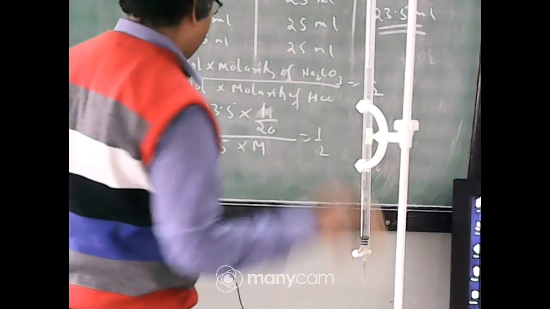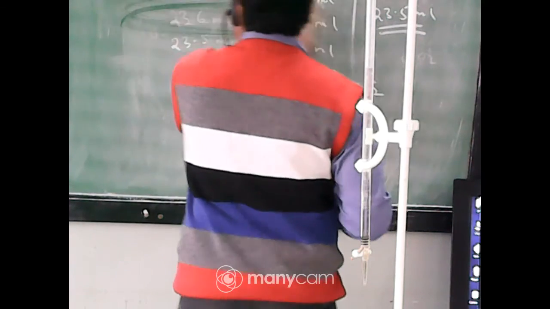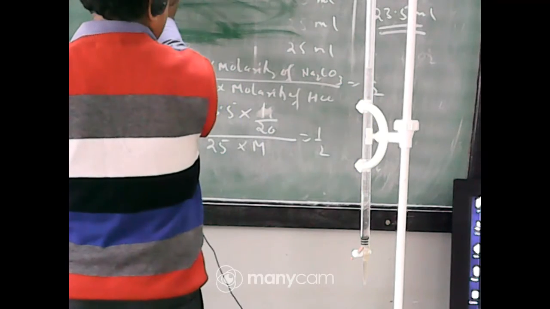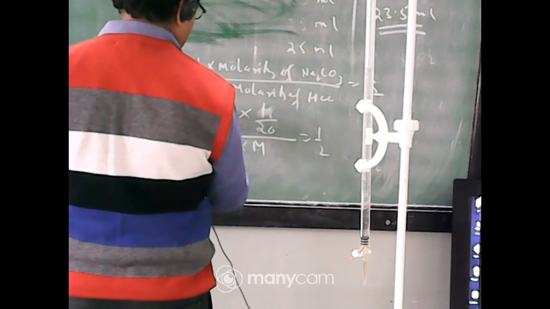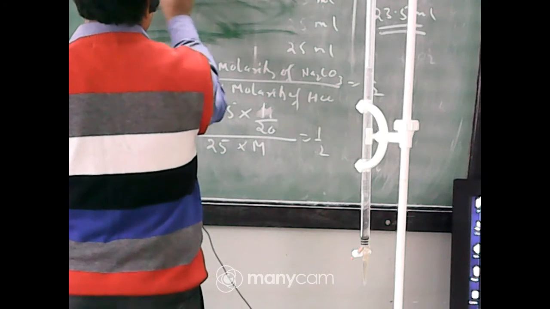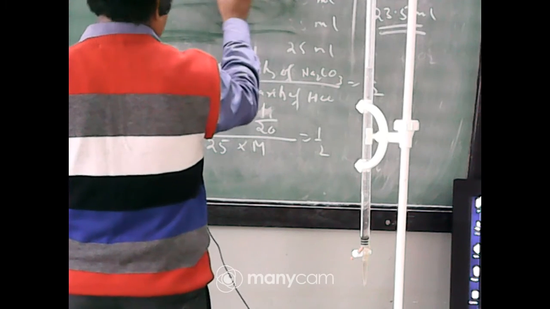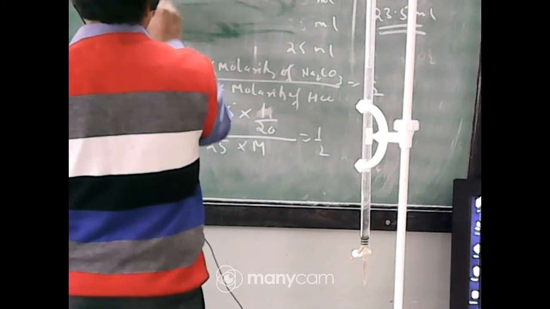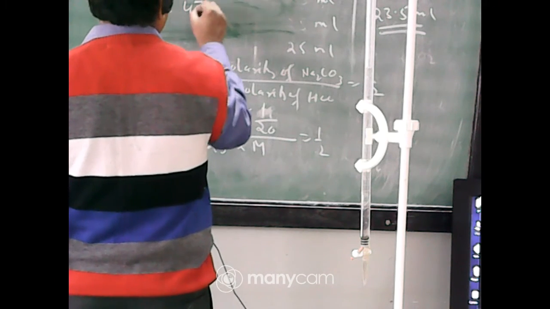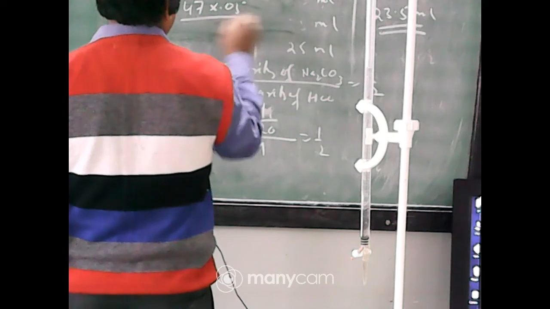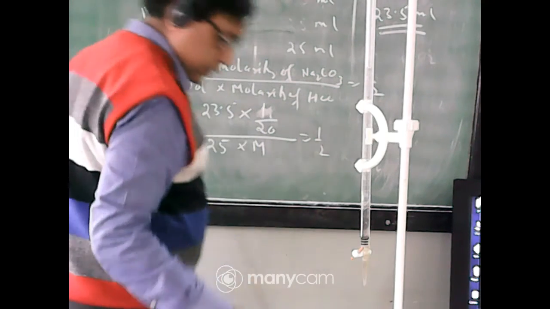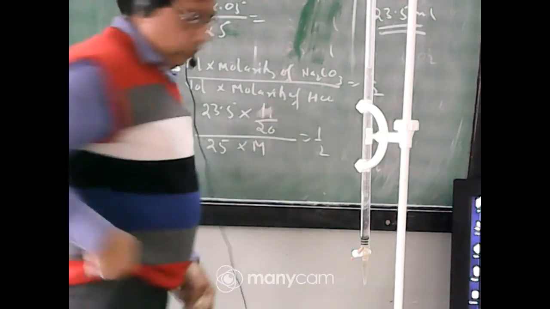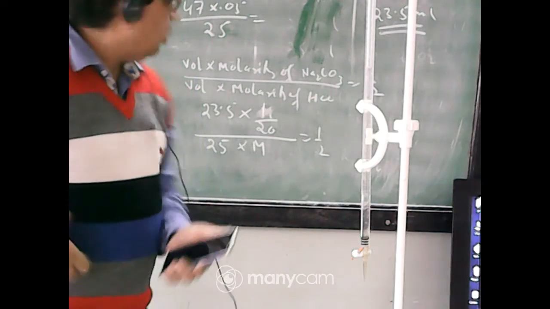Now you calculate to find M. The value is 0.05. 23.5 into 2 is 47, into 0.05 equal to 25 M. So M equal to 47 into 0.05 by 25. This will be the answer.